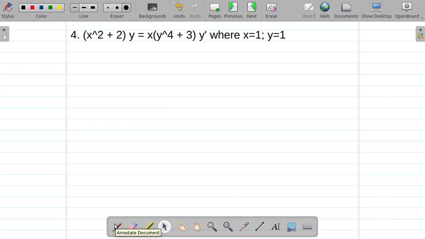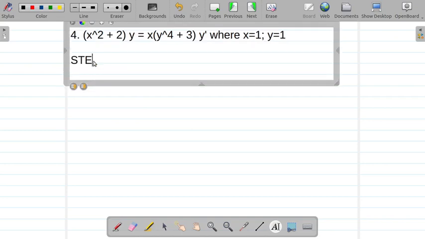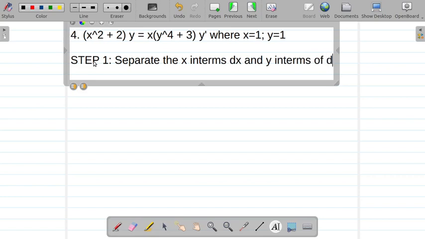So, let us solve this equation. Step 1. As you remember, step 1 is to separate the x in terms of dx and y in terms of dy.